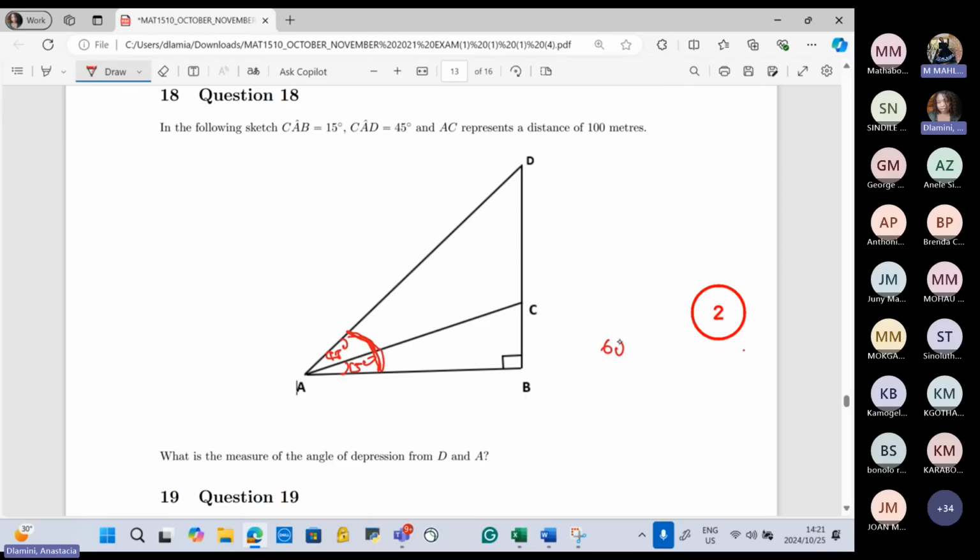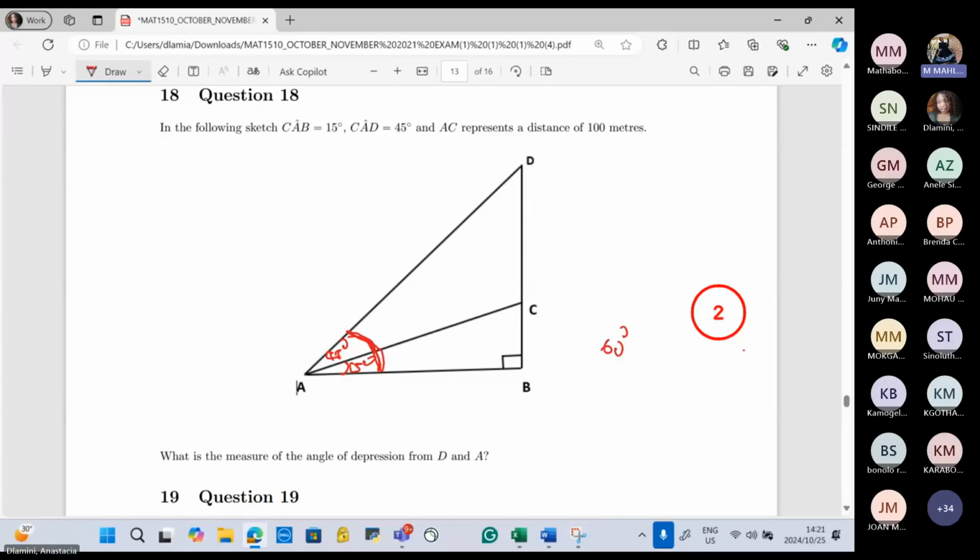Degrees. And then angles of a triangle add up to 180. Then I will say angle D and angle A and angle B equals 180. My angle A is 60, the whole of it, and angle B is 90.